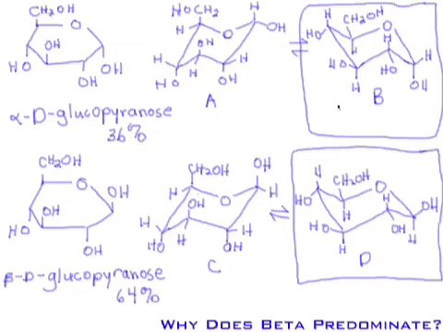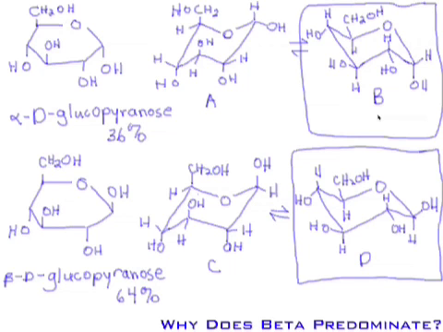Well, there you have it. We've taken our sugars quite a long way. We've gone from a straight chain Fischer projection to a cyclic Fischer projection, followed by a Haworth projection formula, which can be used to generate two chair conformers.